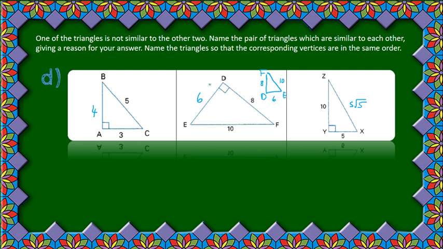Those two are in proportion to each other. So triangle ABC is similar to triangle, in that same order, A is down here, then B, so it's DFE. DFE, my reason being the corresponding sides in proportion.